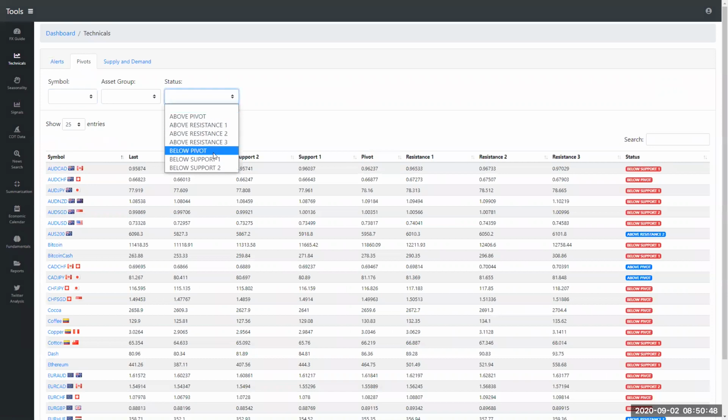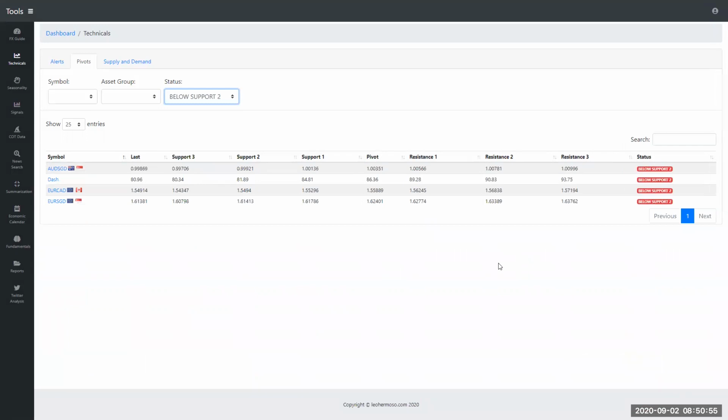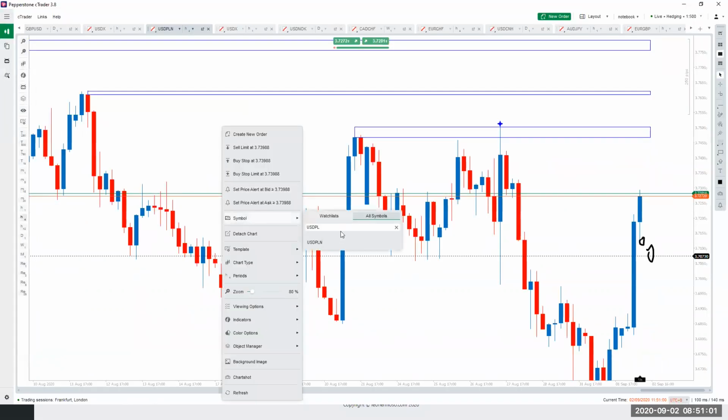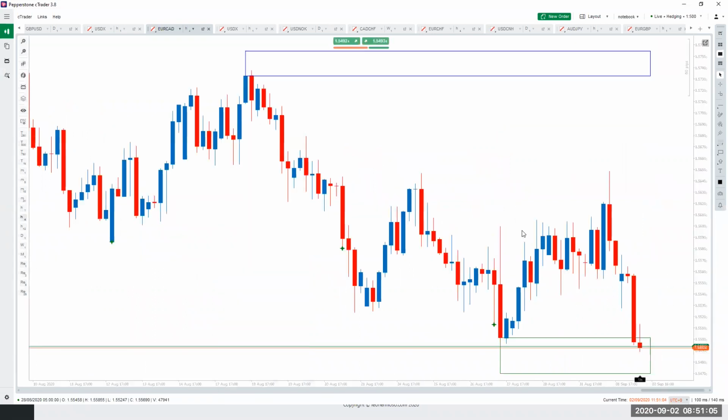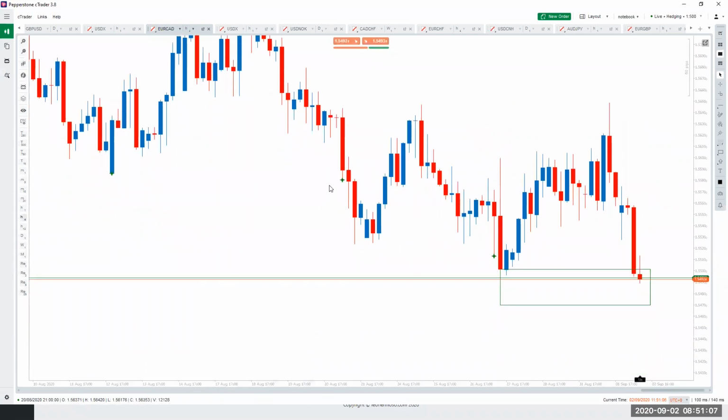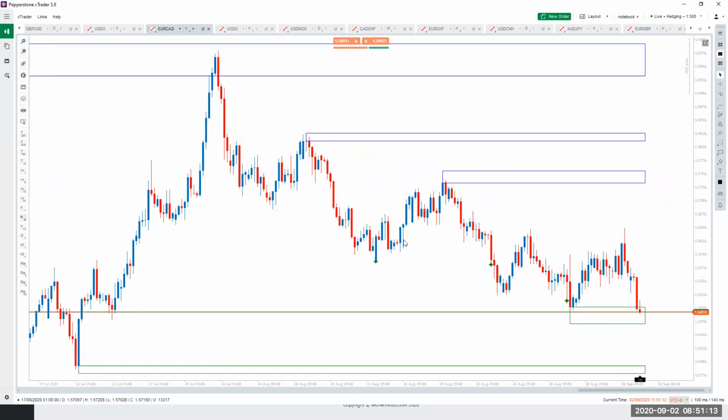What we have below, see, we have nothing below the support 3, but let's take a look what is below the support 2. So we have EuroCAD. Let's take a look on EuroCAD. Okay, check this. EuroCAD is below support 2 and it's inside a demand zone on the 4-hour charts.